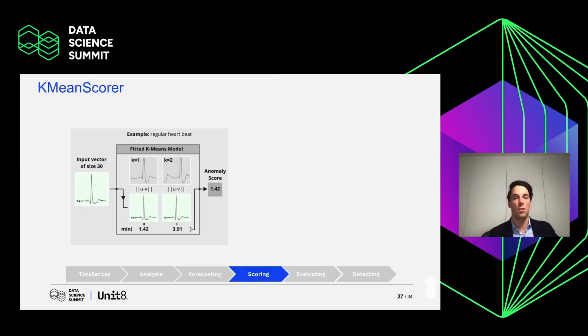So the k-mean scorer basically takes the training dataset, slices it up into windows, and fits k-mean clusters to the windows. Because we are fitting on this dataset, the clusters are going to be assigned in a way that each vector is at quite a low distance from the closest cluster.